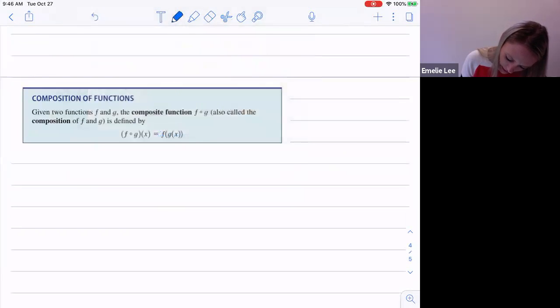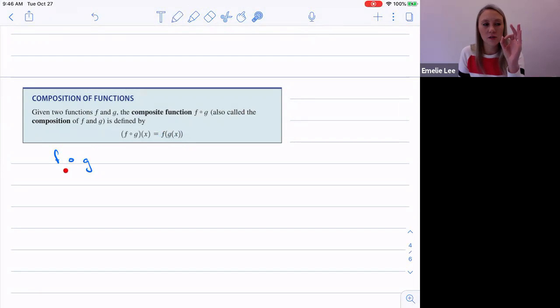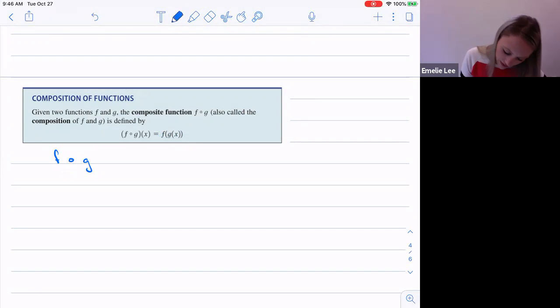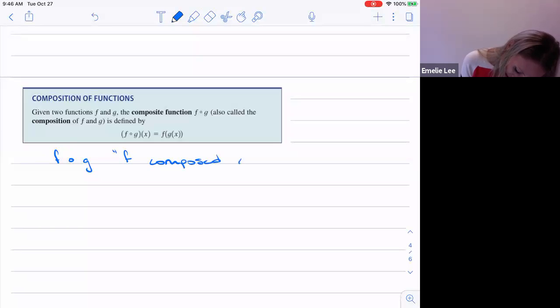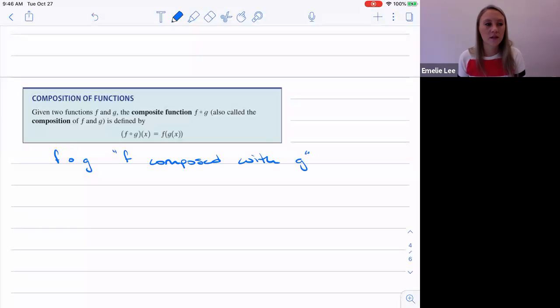Okay, so here, f, and then it's just a little dot, or an open circle in the middle. So this is read as f composed with g. Yeah, it looks like fog, F-O-G.